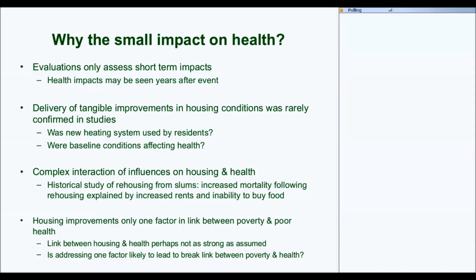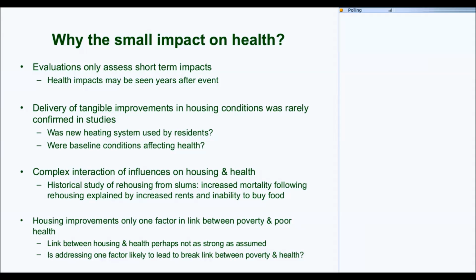They found that mortality rates had increased in the intervention group. So people who had moved to the better housing from slums were actually experiencing a much higher mortality rate, which seems completely counterintuitive, while the mortality rates in the control group hadn't changed.